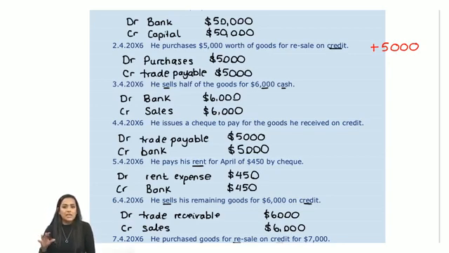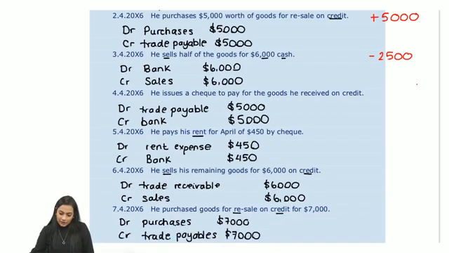The half that he sold, what was the value of those goods sold? Well, it's going to be half of 5,000, so you take away 2,500. Then, on the 6th of April, he sells his remaining goods, meaning his inventory value goes down by 2,500.